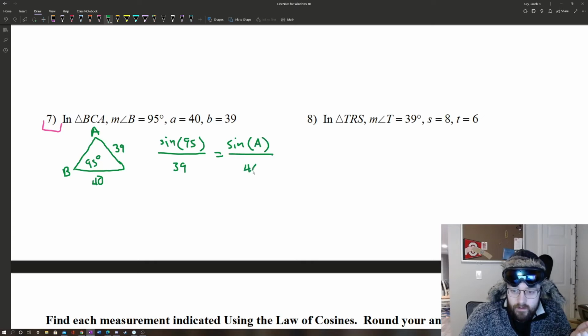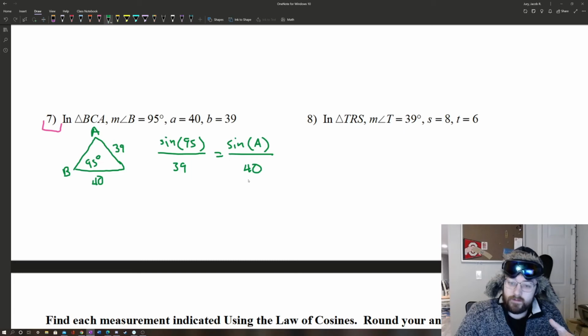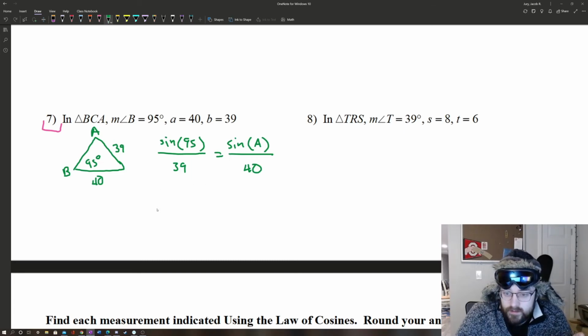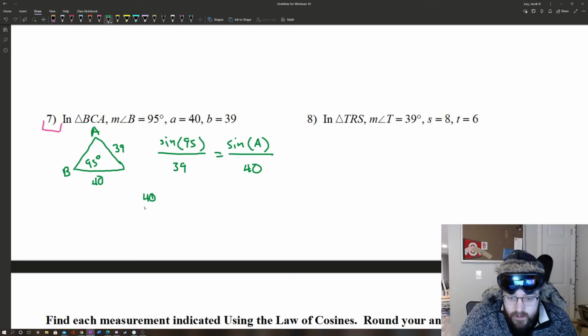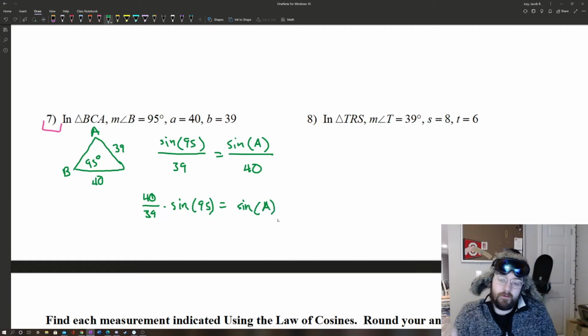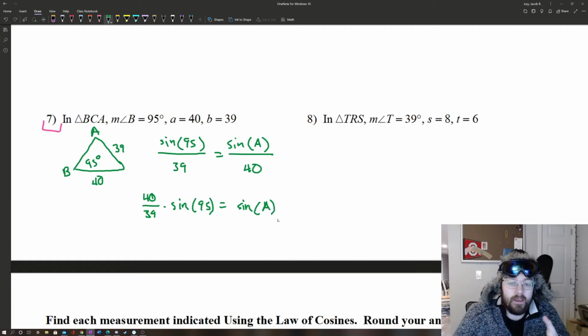over 40, and we try solving for this, which I'll show you how we do it because it is a little tricky. I'm just going to move my 40 over here, so I'm going to have 40 over 39 times sine of 95 is going to be equal to sine A. And you might be wondering, how do we get to that A?